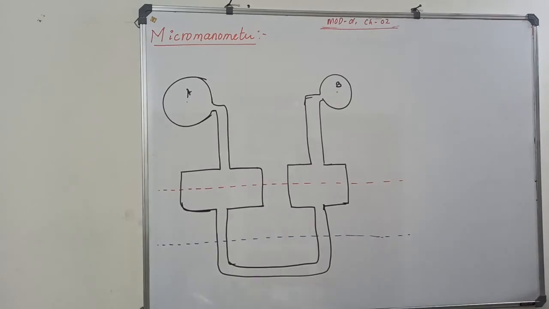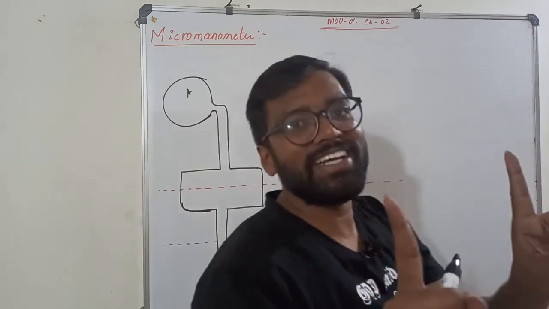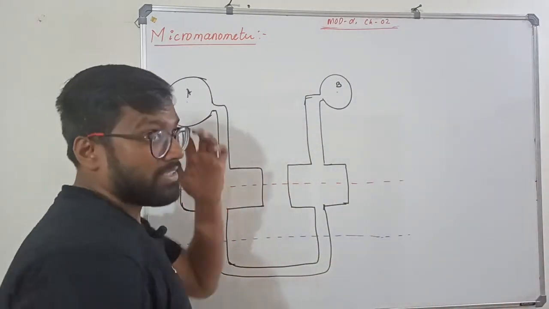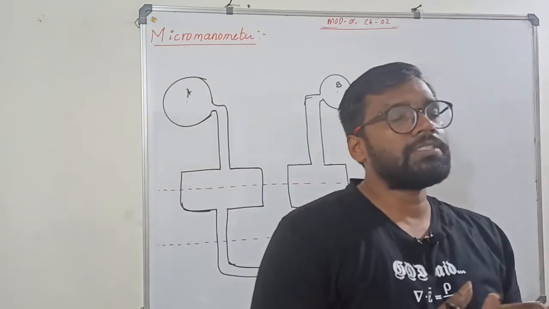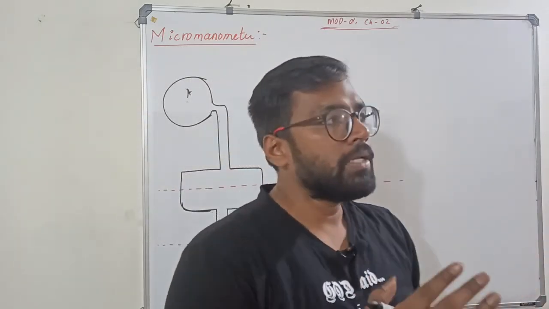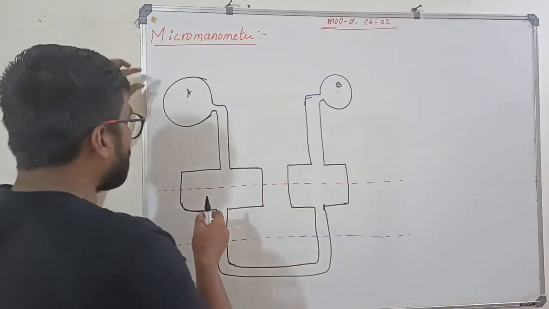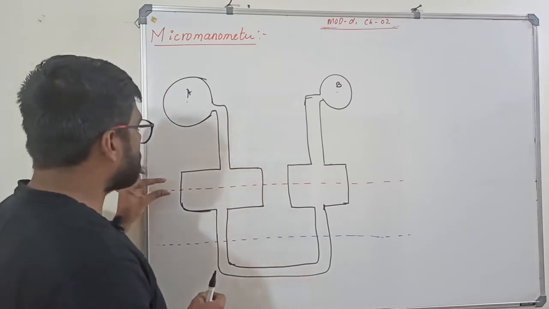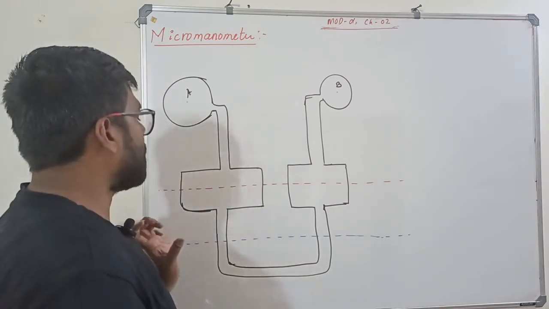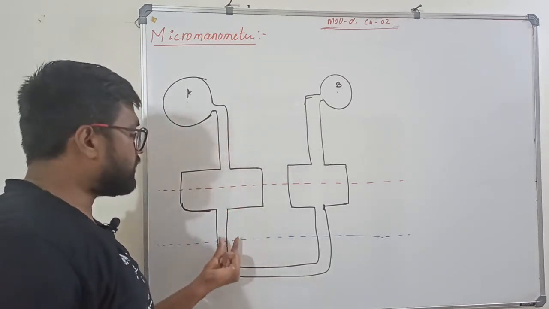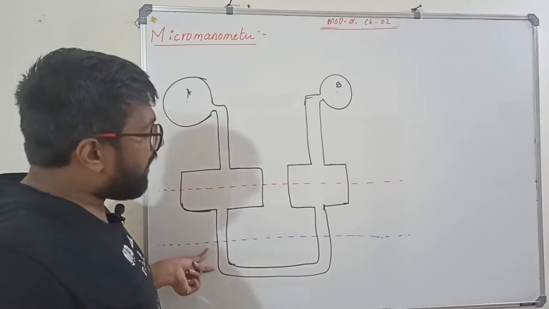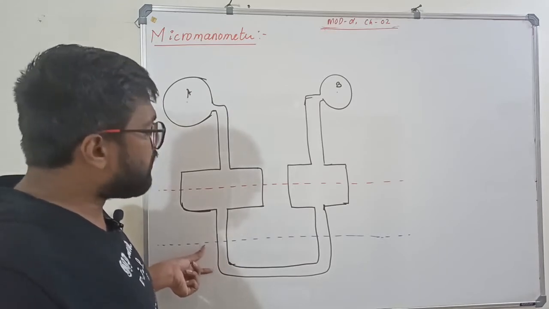So our next topic is the micromanometer. It looks like two single column manometers we have combined. What happens in a micromanometer is, because you have a reservoir here and some pressure has been applied, which is delta H, here is your large area and this is your small area, so there will be a small difference in height, it will magnify here, but the H on the limb will be more.